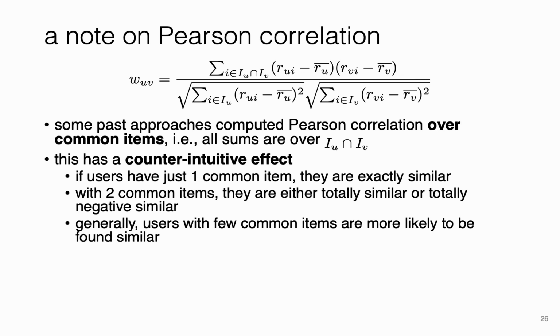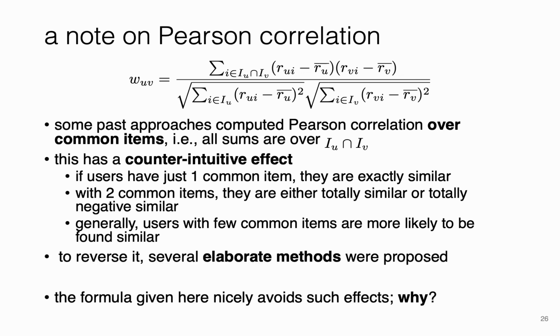And for a while, there were various approaches proposed to handle these problems. It turns out that the simplest one was the most effective. So we normalize by all items and not only the common items. This way, if two users have a lot of uncommon items, they are no longer considered similar.